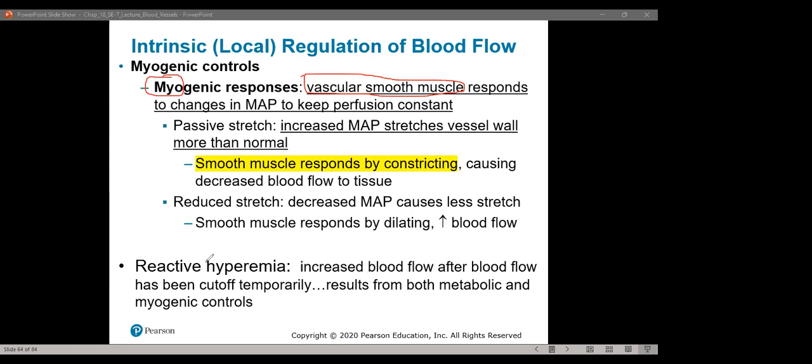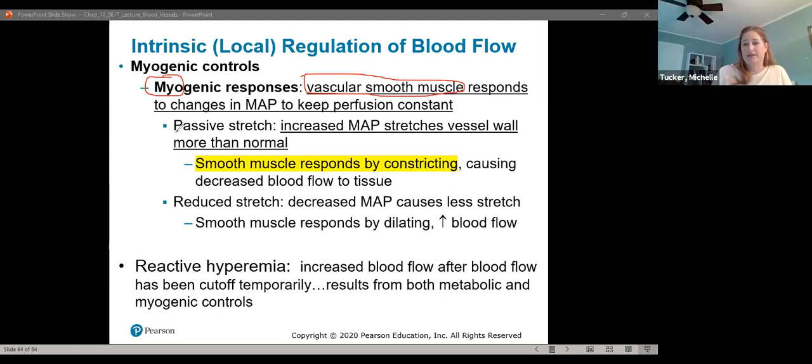Got it. Okay, thank you. It won't stay vasodilated. And then on the myogenic side, this is more on the protective end, where if we're getting too much pressure stretch, it's got to stop. So it's going to vasoconstrict. And then when the pressure decreases, it will go back to its normal size.